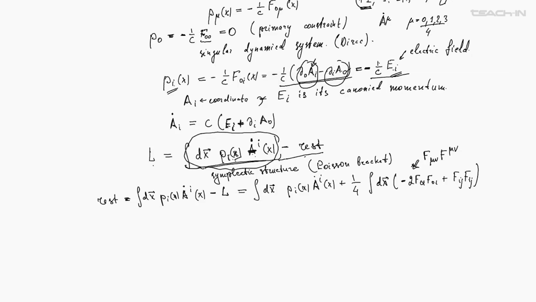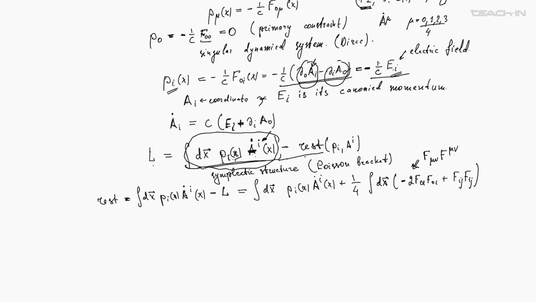And the velocity is present only in this term. The rest I would like to rewrite only via coordinates and momenta. So this rest will be a functional of pi and ai. That is the idea behind it. And indeed, this rest will contain the Hamiltonian, as you will see in a moment.